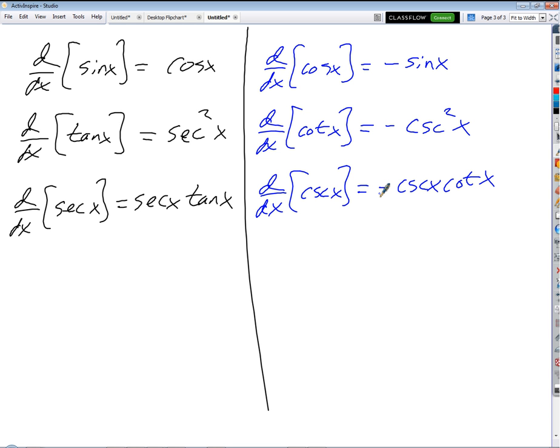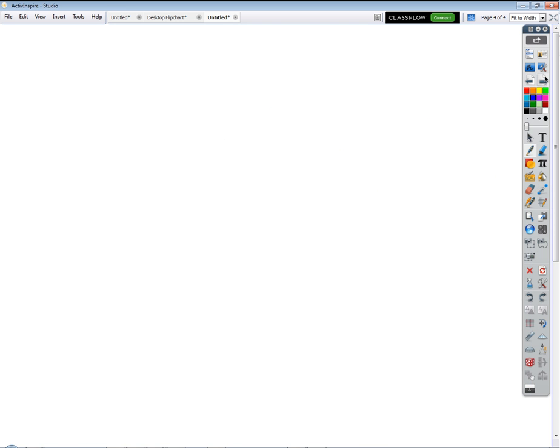And really the rest of the chapter is just about using those. So let's practice using those a couple times. Couple things I want to look at here. How about this?